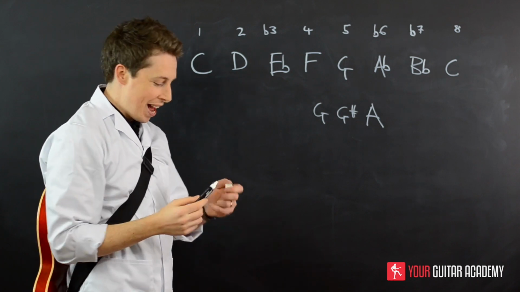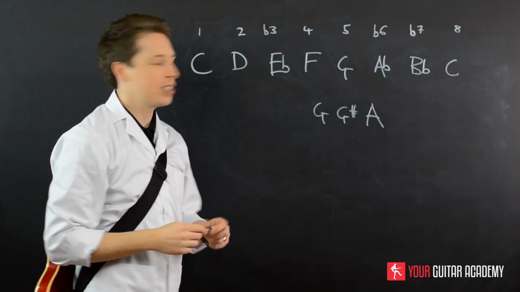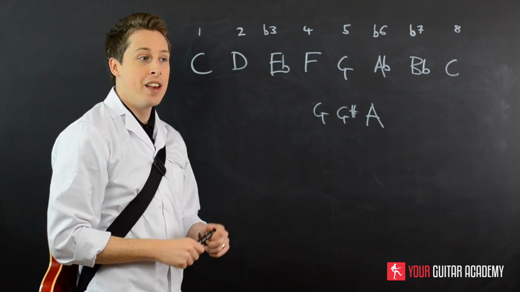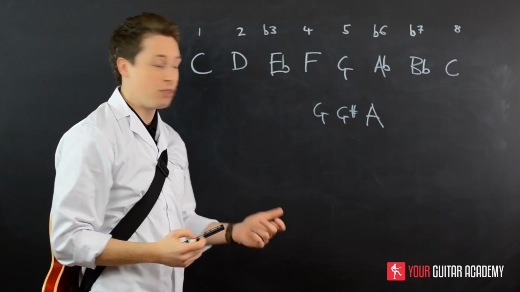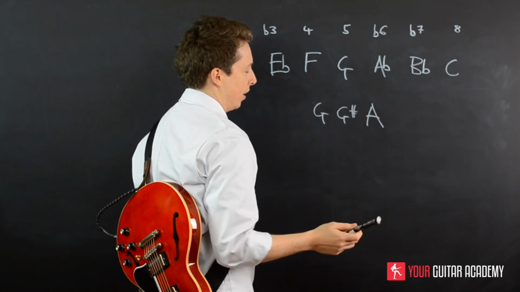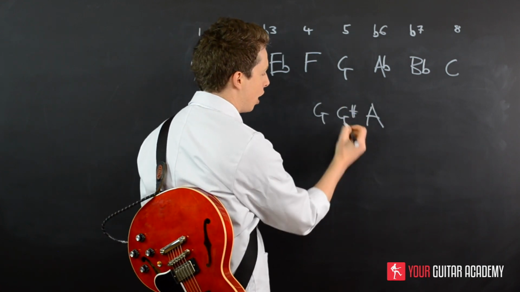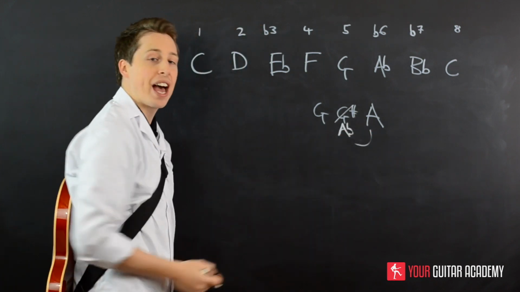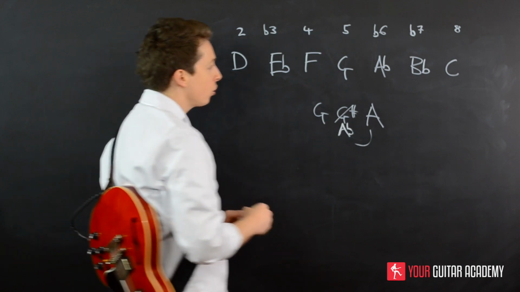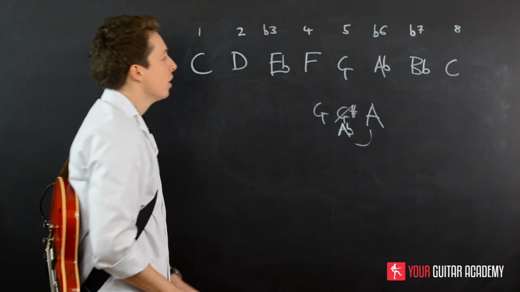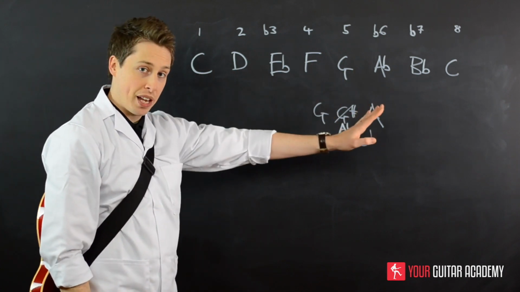If you played it on the guitar, you'd be forgiven for saying G sharp instead of A flat. However, when written out, you must have an A as well as a G. So instead of writing G sharp, we simply write A flat. So G, A flat, B flat. That is our minor scale.